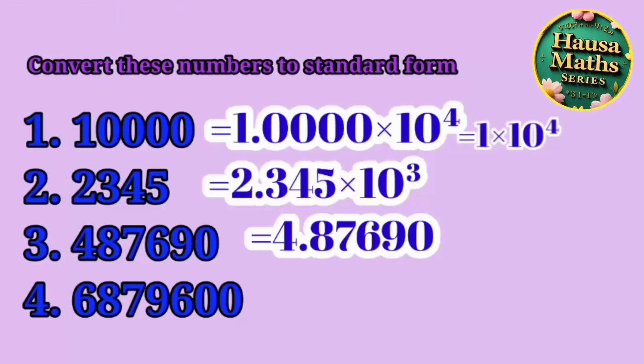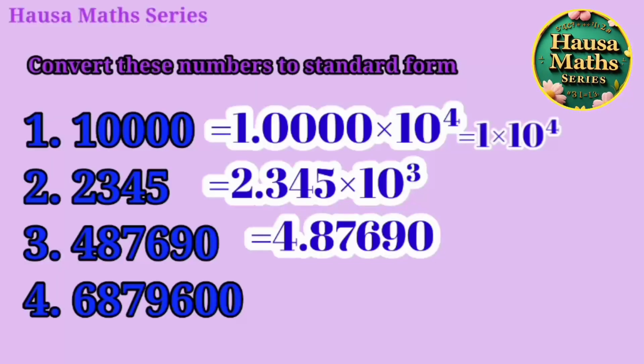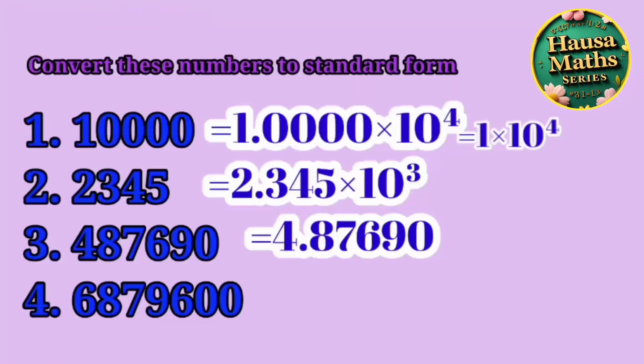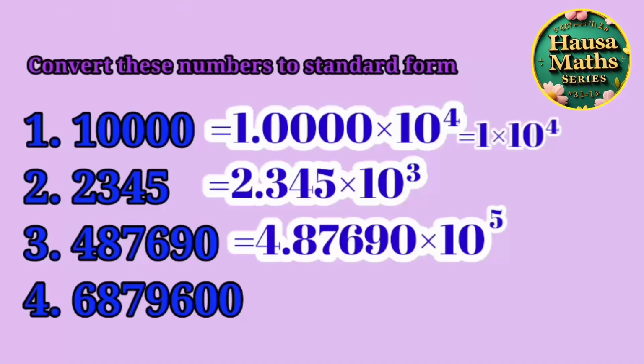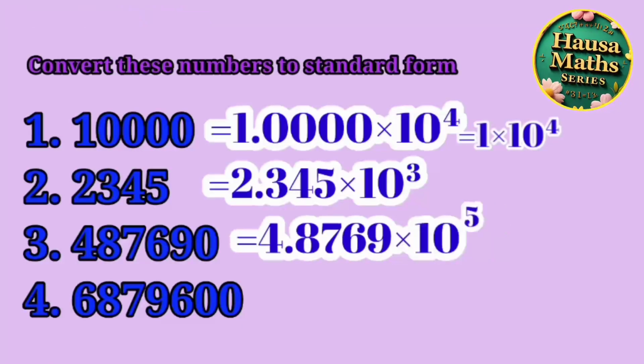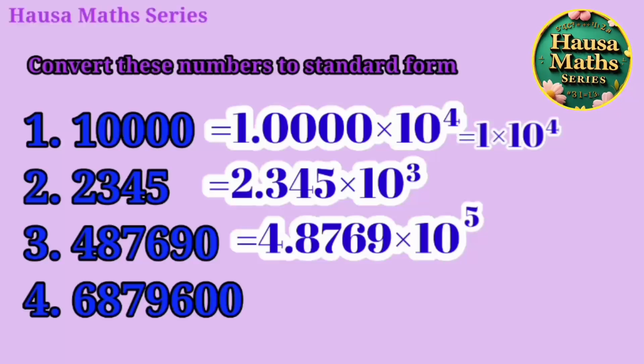If we count 87690, we have 5 numbers ahead, so the power of 10 is 5. Now we have 4.87690 times 10 raised to the power 5, or you can just ignore the last 0. It can be 4.8769 multiplied by 10 raised to the power 5.